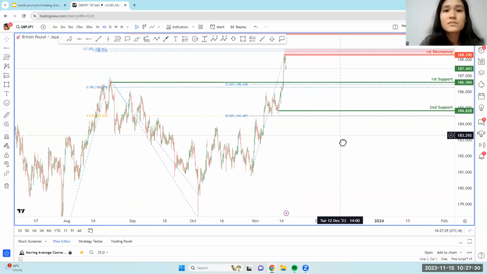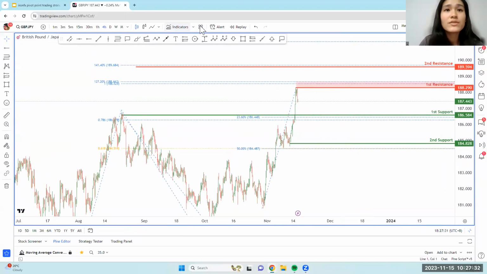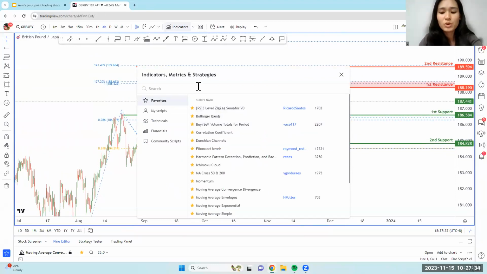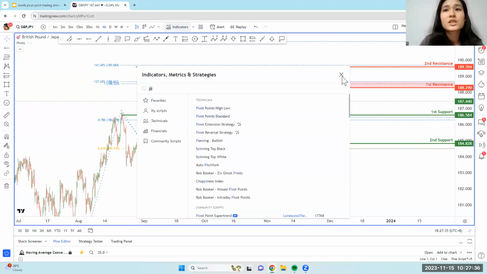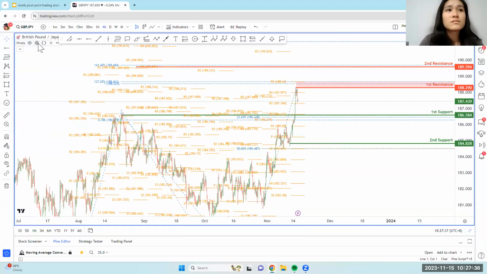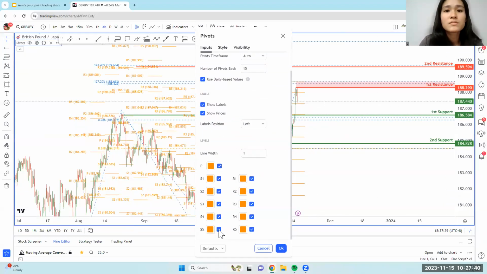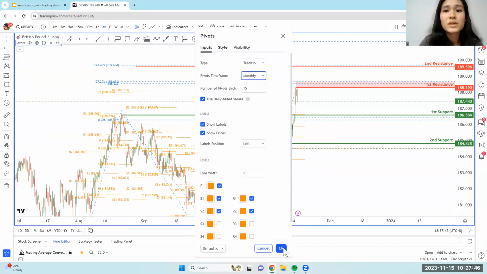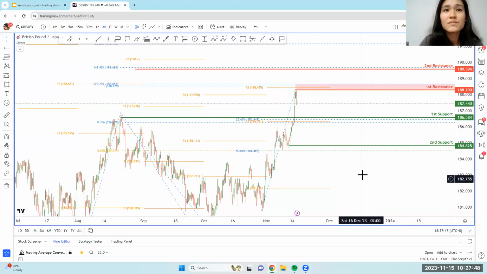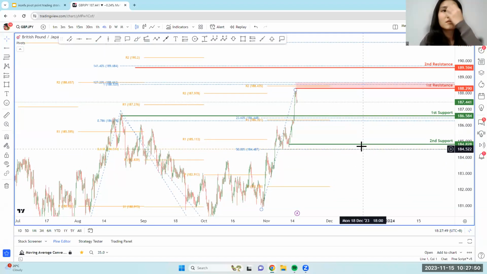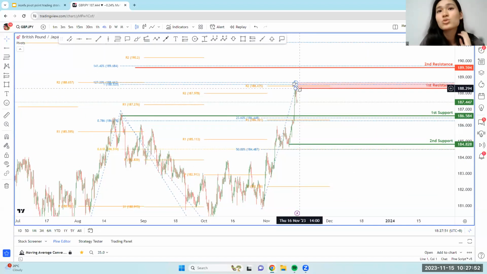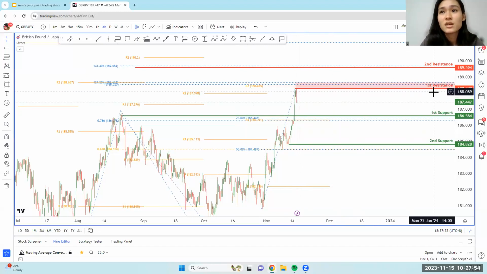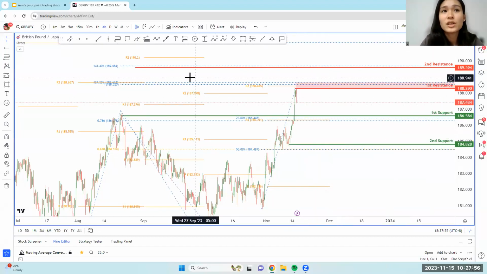So if I put back my pivot points and change this to monthly like it was earlier, you can see that it has helped me to identify certain resistance as well as my support levels.